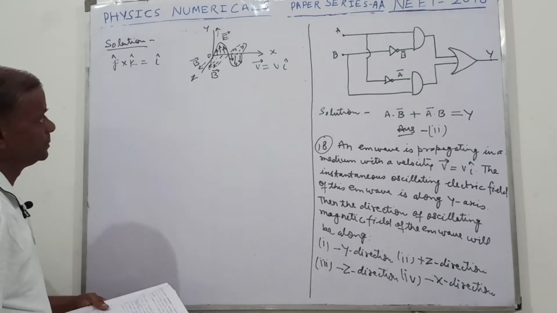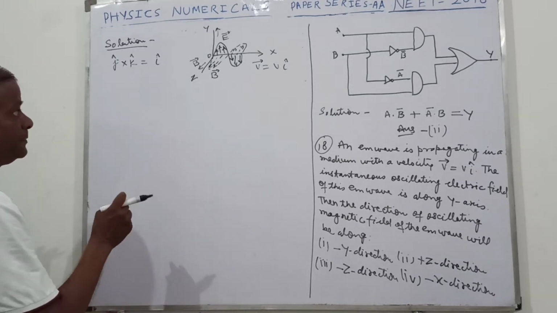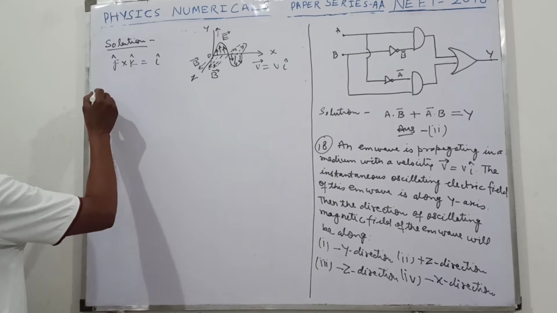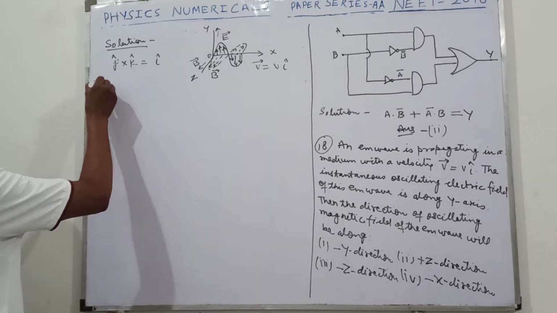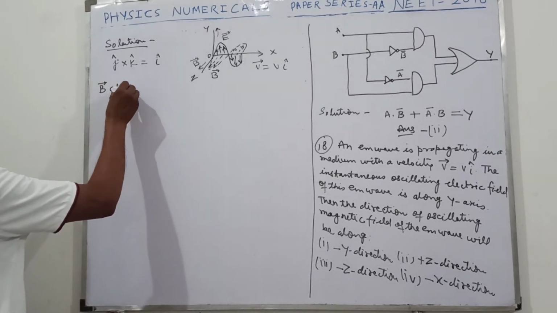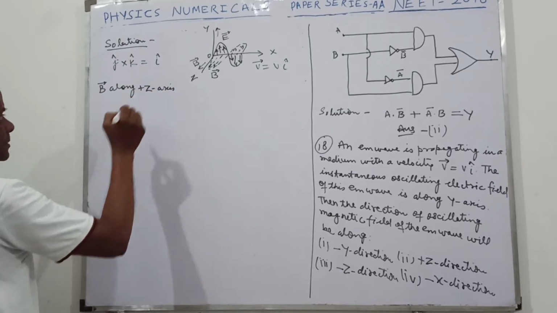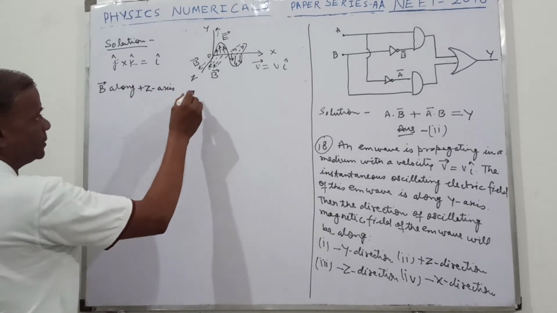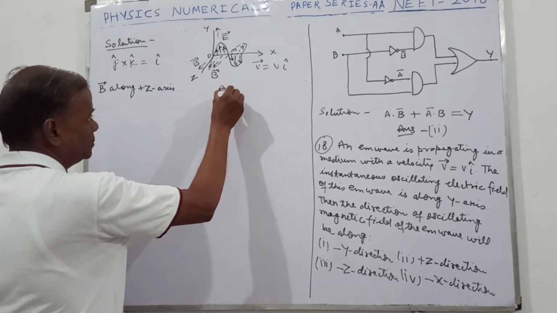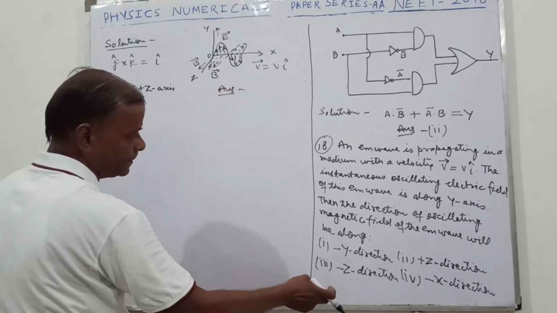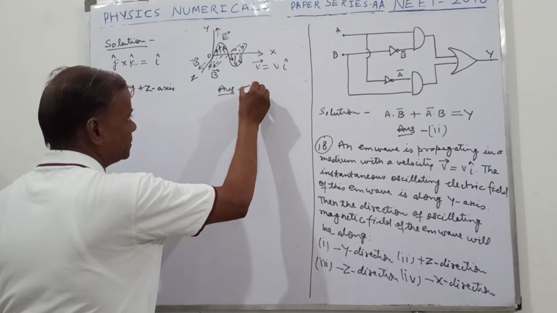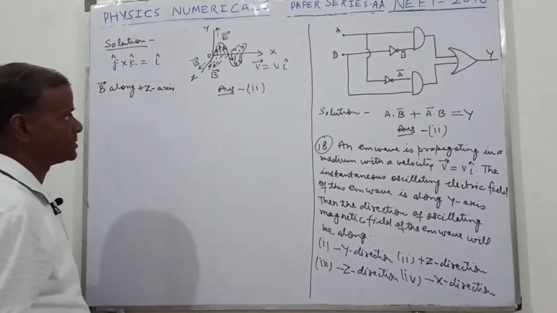So our right option is that B must be along the Z axis, along plus Z axis. So what should be our answer? Plus Z axis. It means the second one.